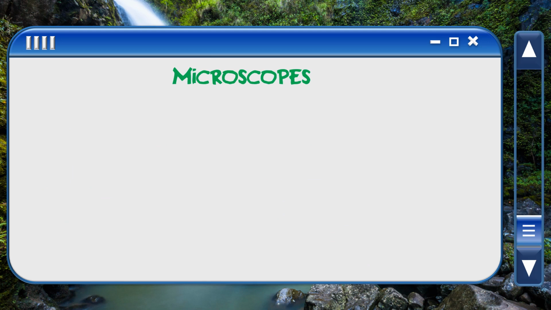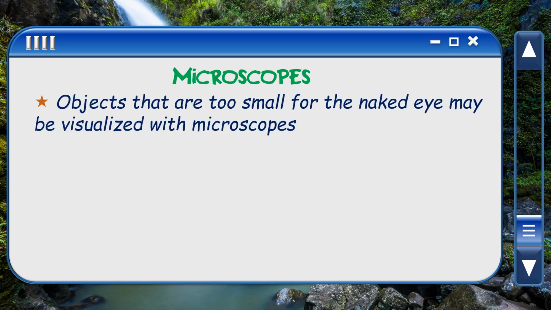Now we want to look at the microscopes. We know that objects that are too small for the naked eye may be visualized with a microscope. Anything that is small and cannot be seen by the naked eye, the only way we can visualize it is by using microscopes. We have the light microscope.